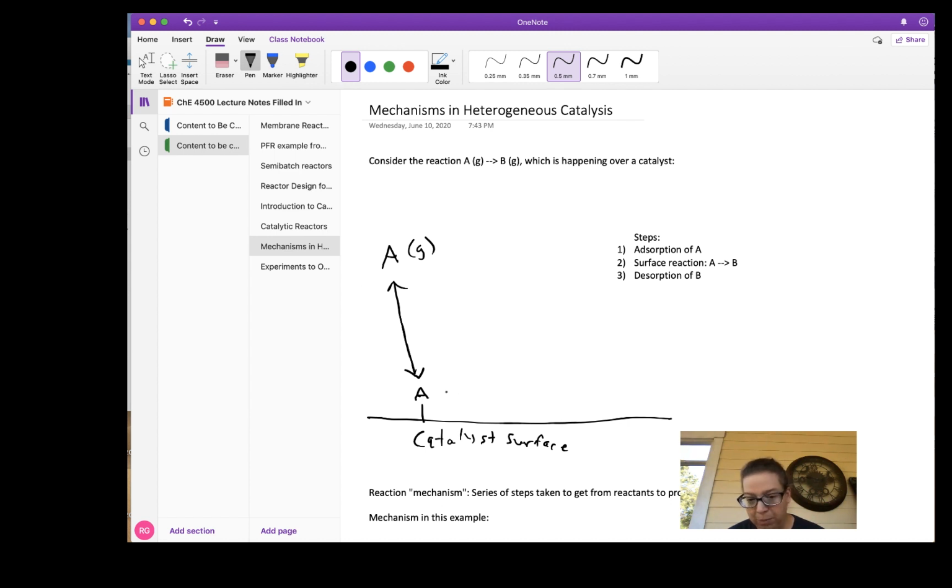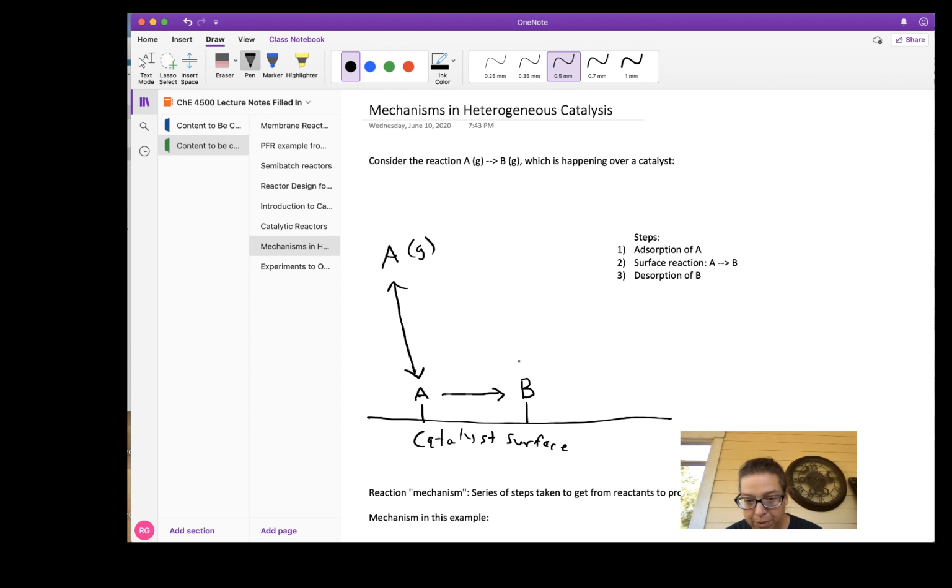Once A adsorbs, it can react to form B. This is not a directional arrow. I'm not claiming that A is moving along the catalyst surface, but A is reacting to form B. On the surface, you have a molecule of A, and a reaction takes place to convert it into B.